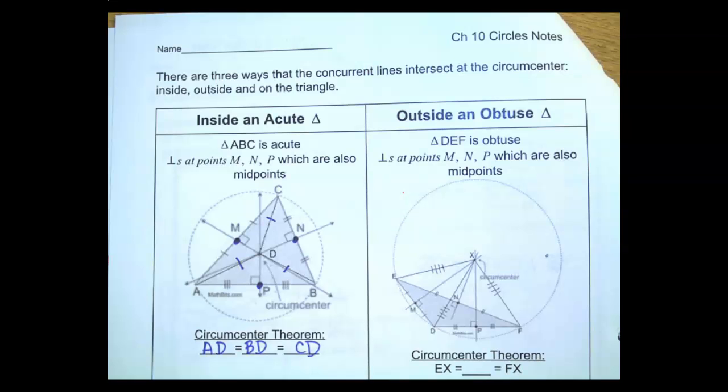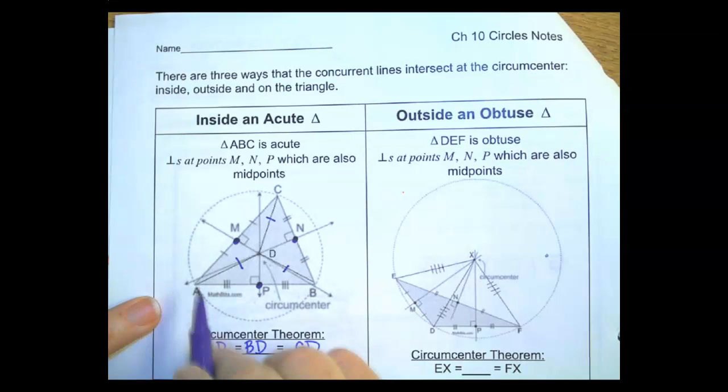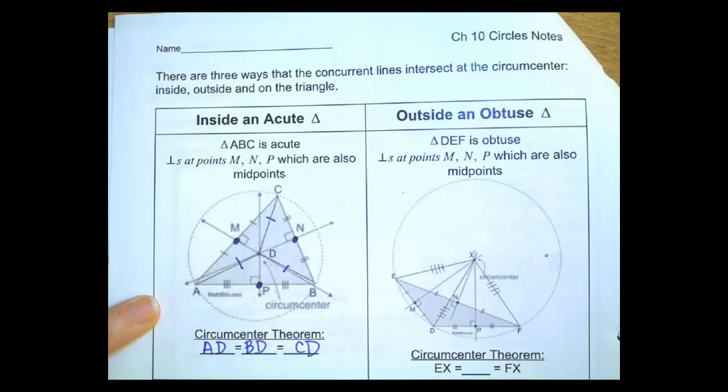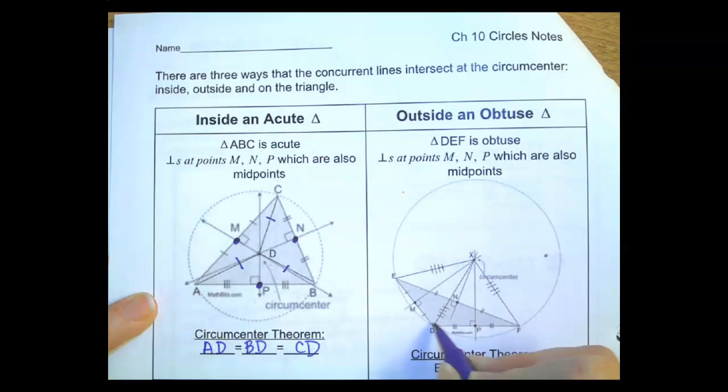Okay? If you have an obtuse triangle, so all of these were small, acute angles. This one, it's hard to see the triangle, but the triangle's right here. So you're looking at this angle right here as being obtuse.